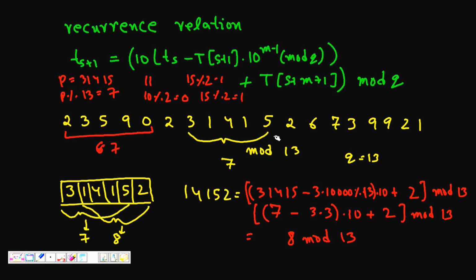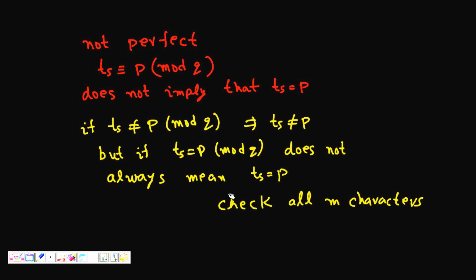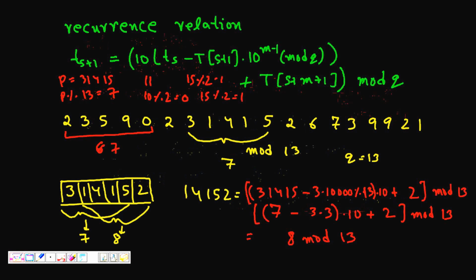So here you might get some spurious hits where the modulos are the same, but then, if for some windows we get the same modulo value, we can check the whole of the pattern one by one. For example, the text window 1 to m we can match with pattern 1 to m, one by one, and if all are equal, then it is okay.